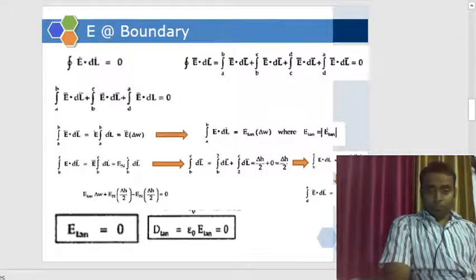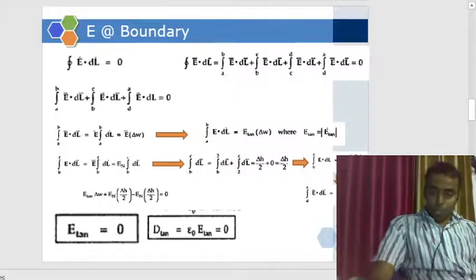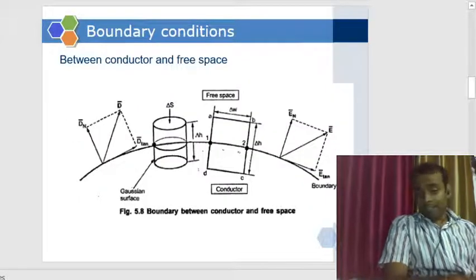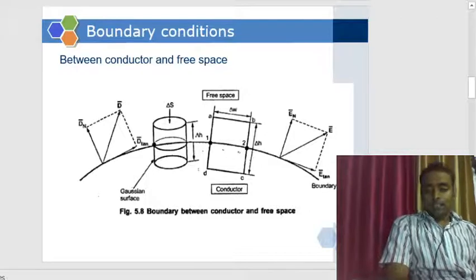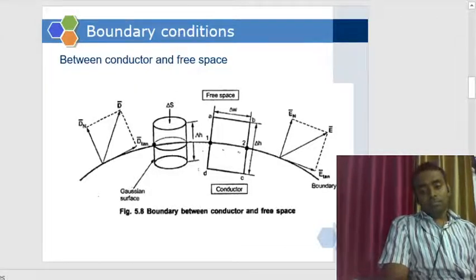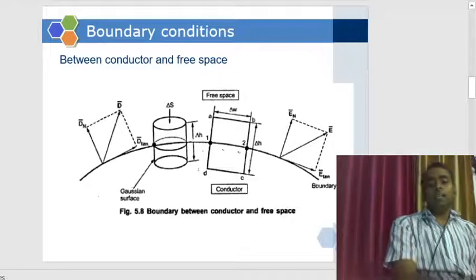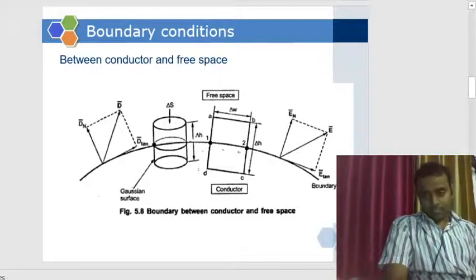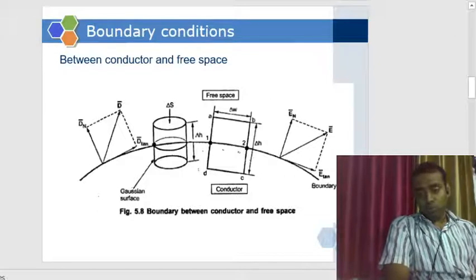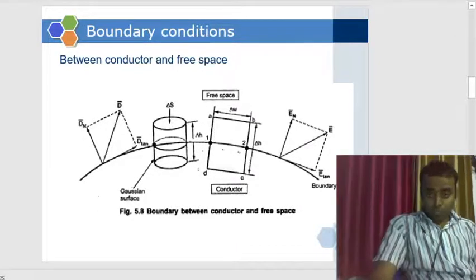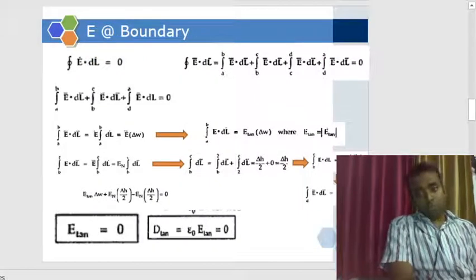So, from this diagram, it is evident that the line integral from C to D, E dot dl, will be 0.